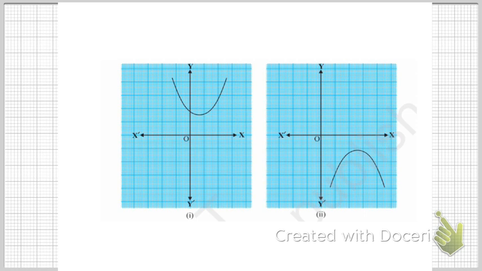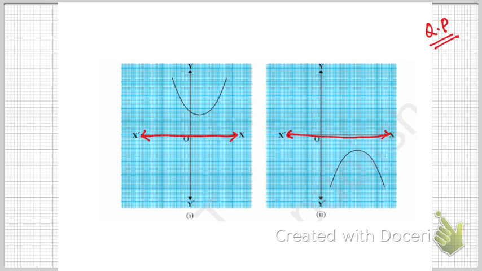See, here you are getting two more types of parabolic graph. So these parabolas are also the graph for a quadratic polynomial only, but since these graphs are not touching the x-axis at all, not cutting the x-axis at any point, both the graphs therefore don't have any zeros. For these kinds of quadratic polynomials, we don't have any zeros.